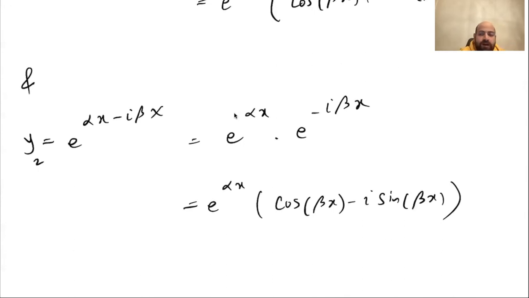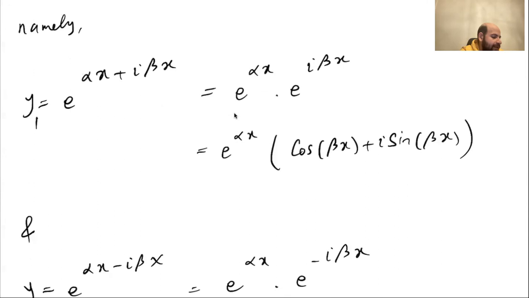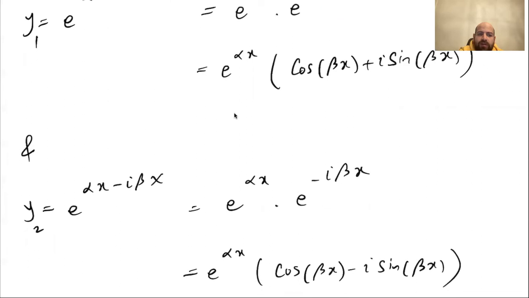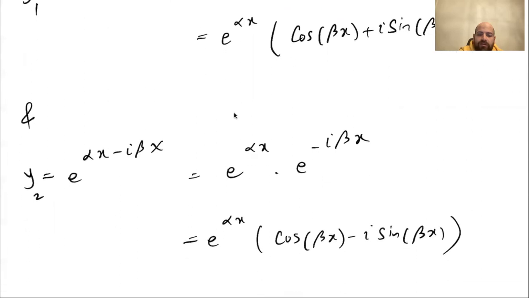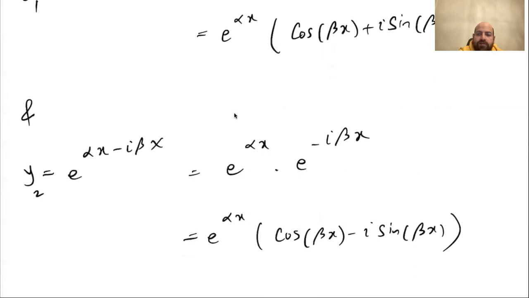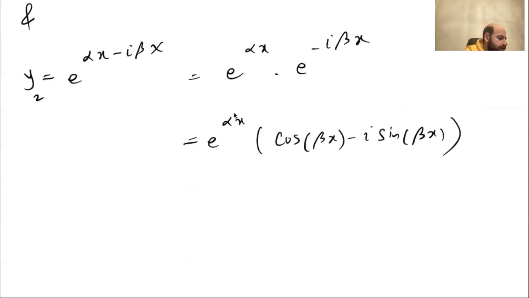Well, we know that if y1 and y2 are solutions, then any linear combination of y1 and y2 will still be a solution for our differential equation. So if I add y1 and y2, I will still have a solution, and I will get a real valued function.